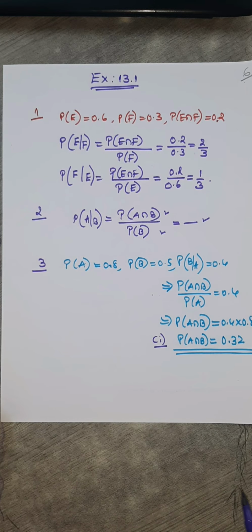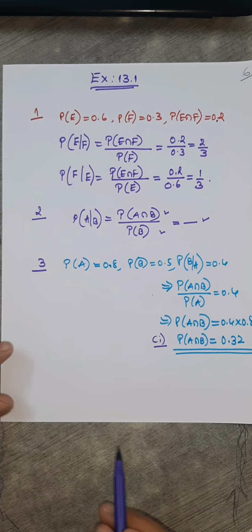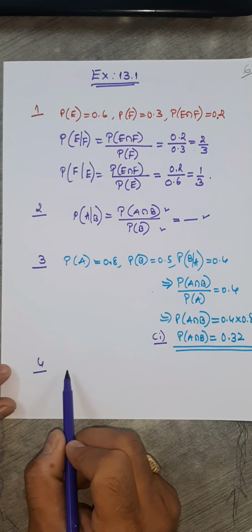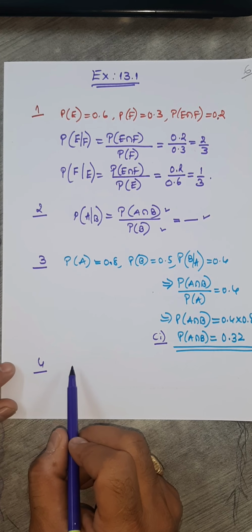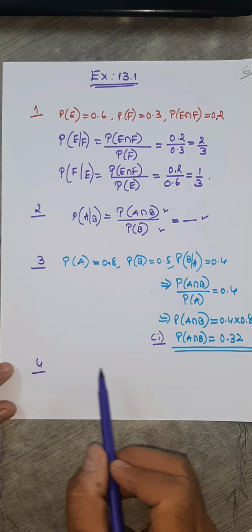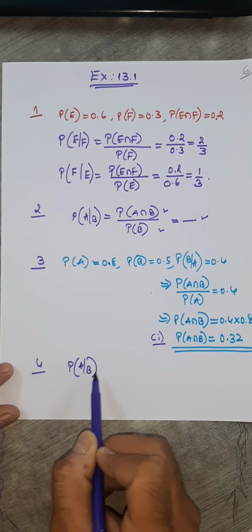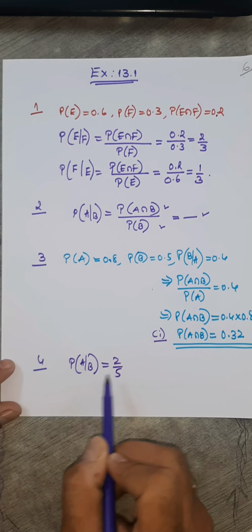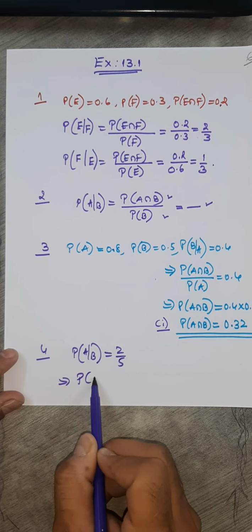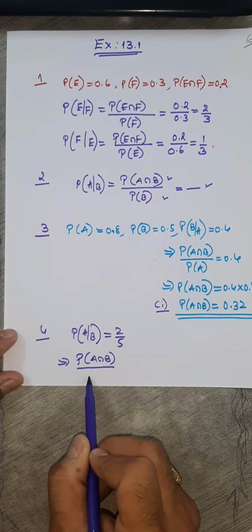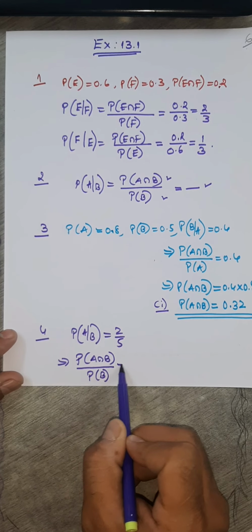Fourth is also a very simple question. There you are asked to find the union. So you need the intersection. Using A given the event B equals 2 by 5, use the formula. This is P of A intersection B upon P of B equals 2 by 5.